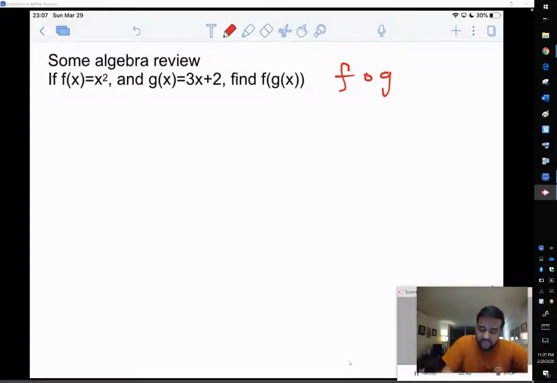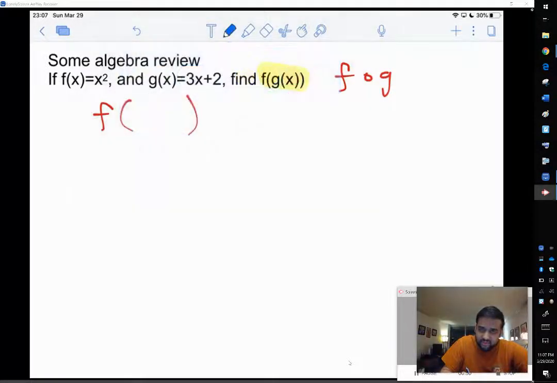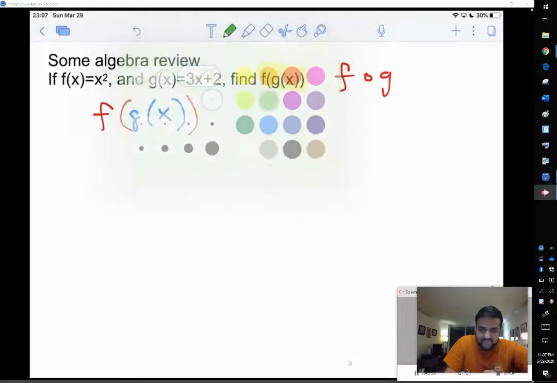If you look carefully at what this is saying right here, I'm going to color code this. This says f of, and in f's parentheses, the argument of f is g of x. So f of g of x. Order of operations in math says start with the parentheses.